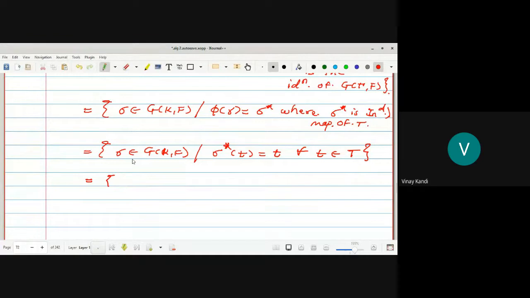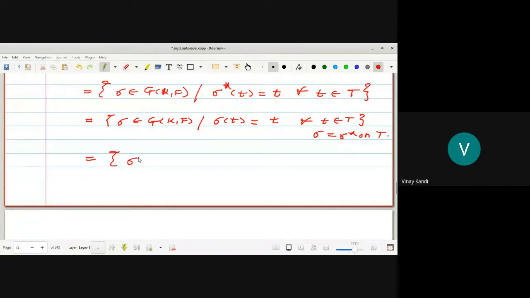Now this is right. Sigma belongs to G(K/F) such that sigma star and sigma both are equal on the set T or subfield T. Sigma star of t is equal to sigma of t is equal to t for all t belongs to capital T. Sigma is equal to sigma star on T. So this is sigma belongs to G(K/F) such that sigma leaves every element of T fixed, such that this sigma belongs to G(K/T), the set of automorphisms of K which leave every element of T fixed.